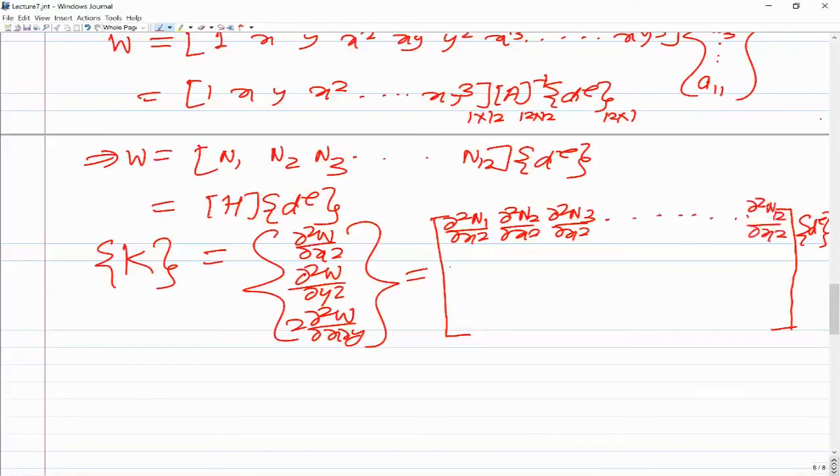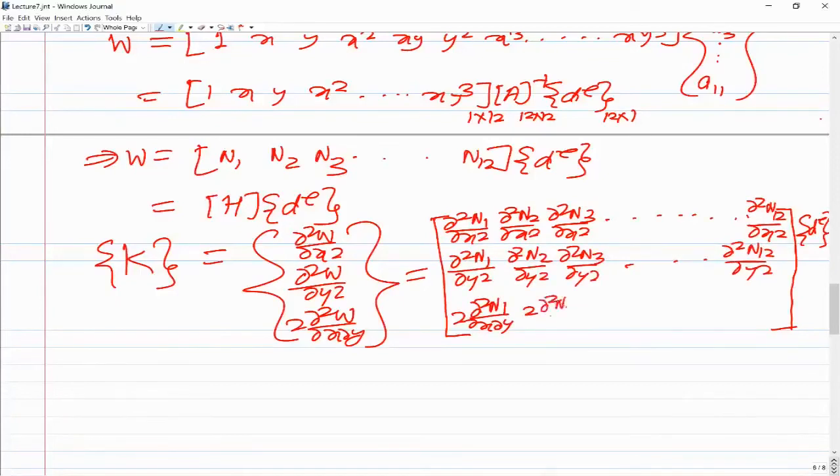Similarly, for del 2 W by del y square, you will have del 2 N1 by del y square, del 2 N2 by del y square, del 2 N3 by del y square, and del 2 N12 by del y square. And this will be twice of del 2 N1 by del x del y, twice of del 2 N2 by del x del y, and so on, twice of del 2 N12 by del x del y.